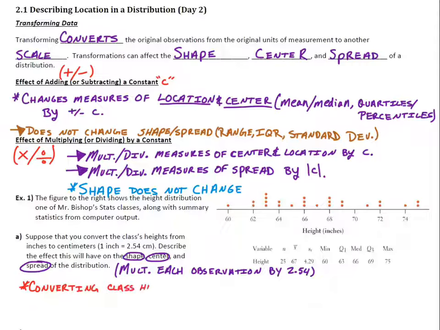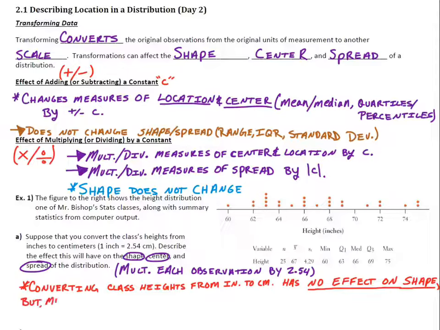So converting class heights from inches to centimeters has no effect on shape, but it multiplies the center, or the mean, or the median, whichever one, by 2.54.